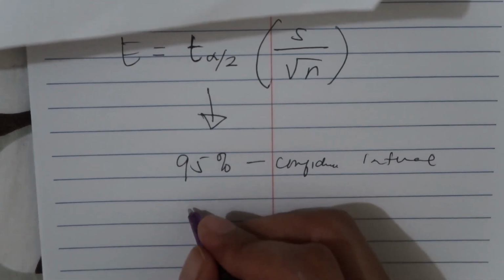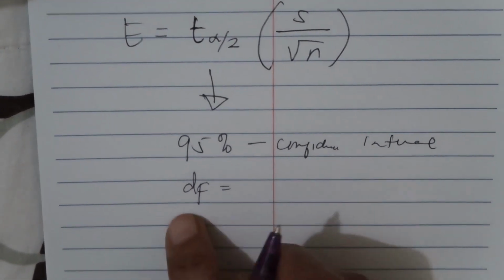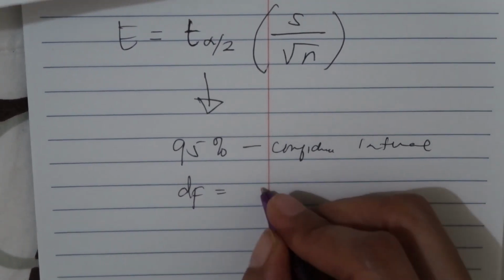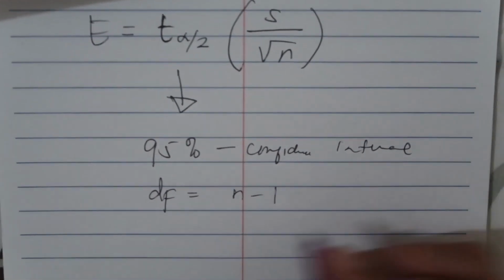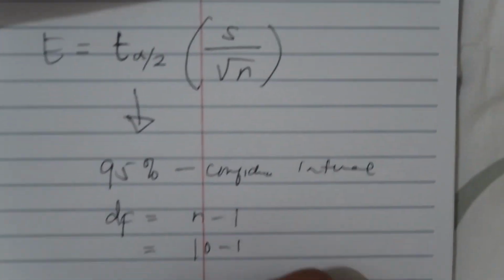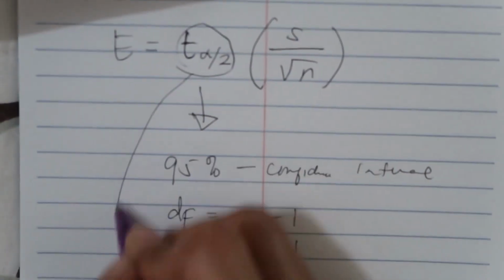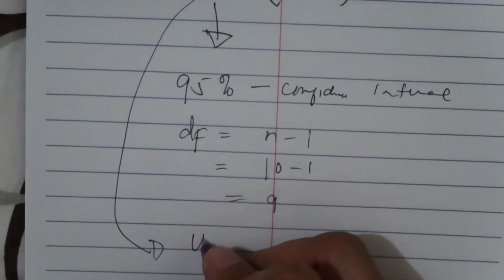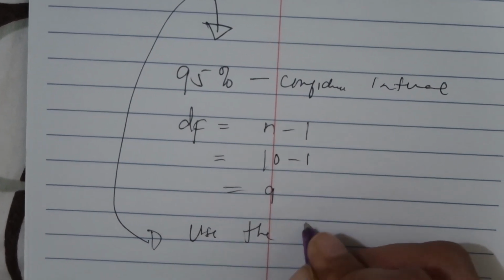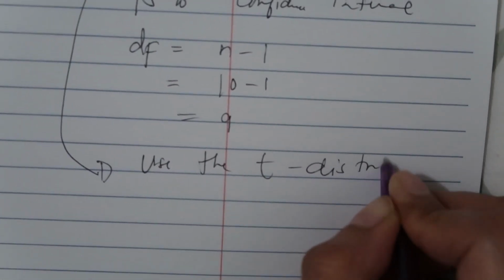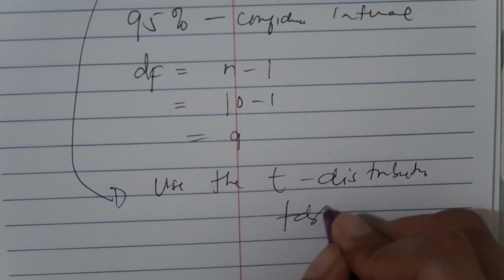First, look for the DF, the degrees of freedom, which is n minus 1. What is your n? 10 minus 1 is 9. To determine the t alpha over 2, use the t distribution table.